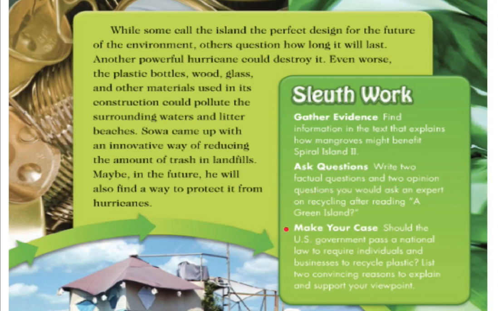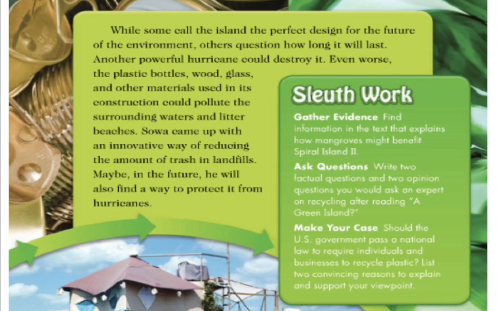Finally, in the making your case subject, you're going to be actually writing an opinion piece. So the question is, should the U.S. government pass a national law to require individuals and businesses to recycle plastic? Now, I know when I write an opinion piece, I am picking a side of an argument.